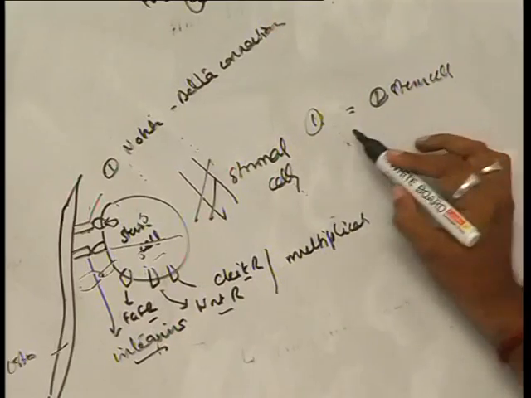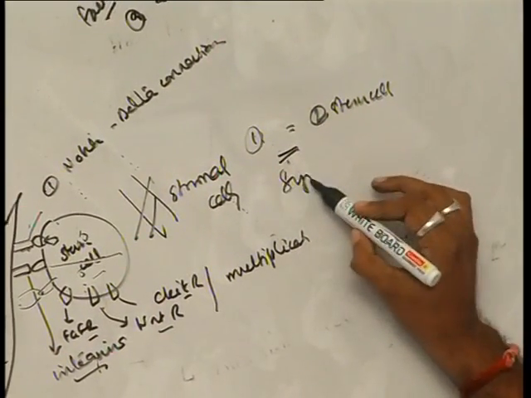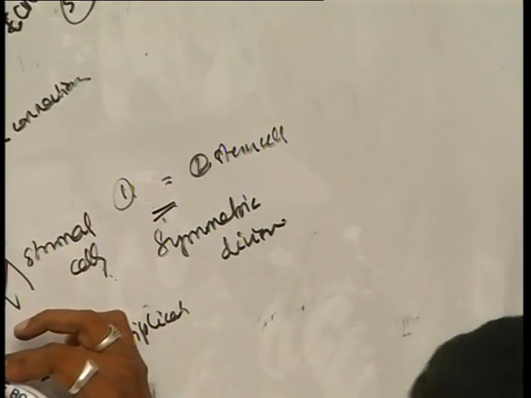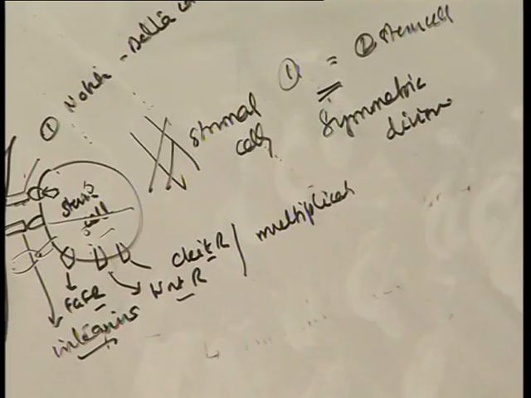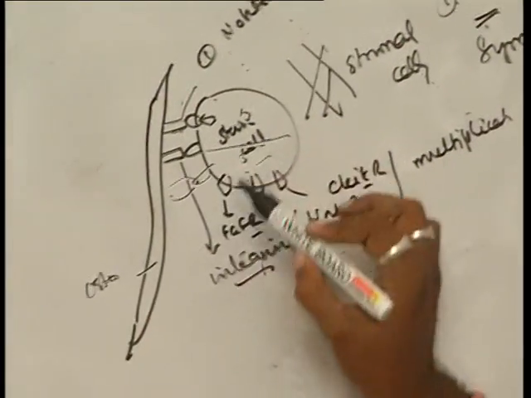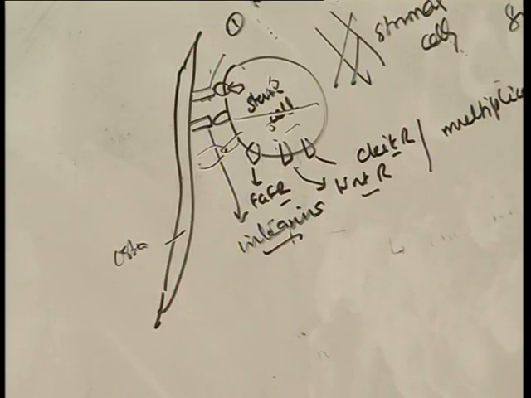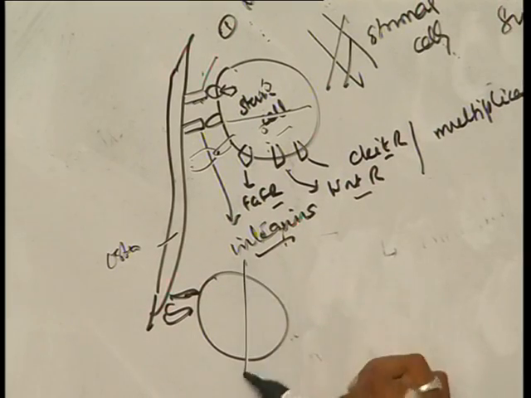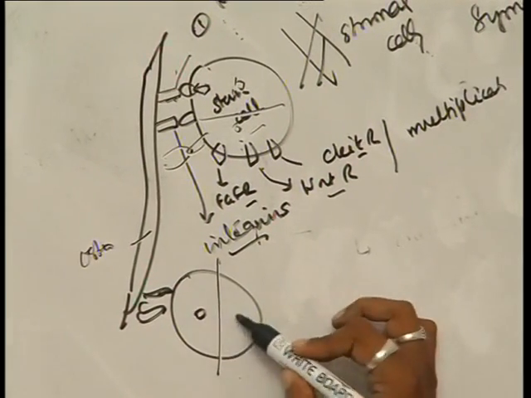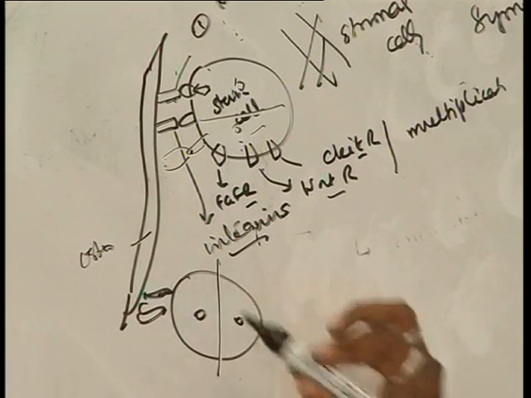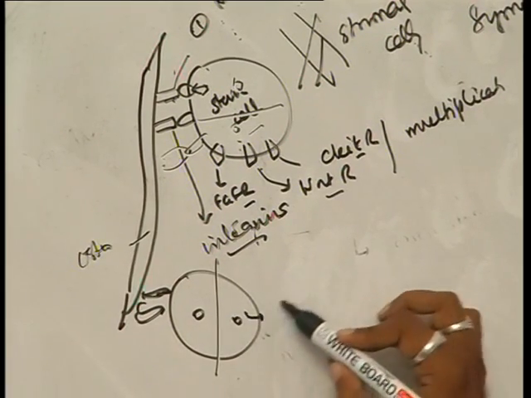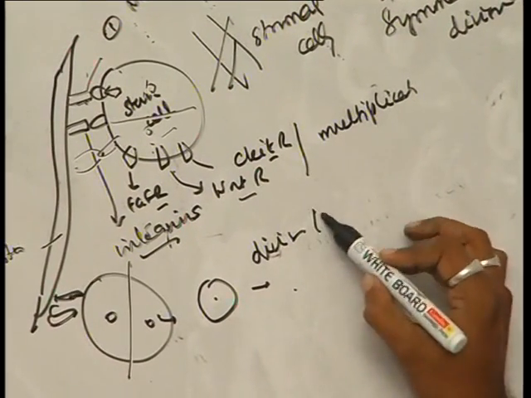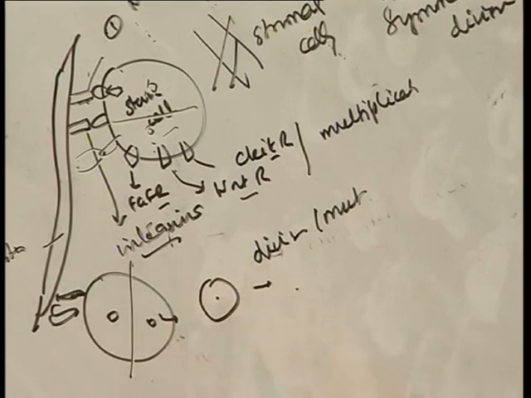This is actually a symmetric division. It is called a symmetric division because a stem cell gives us two stem cells. But if a cell receives a signal and divides this way, then one stem cell remains attached to the osteoblast, whereas the other is given for further divisions and multiplication, which is not attached to the osteoblast.